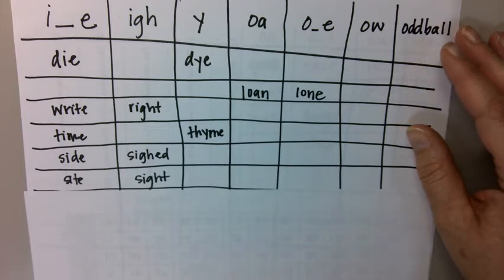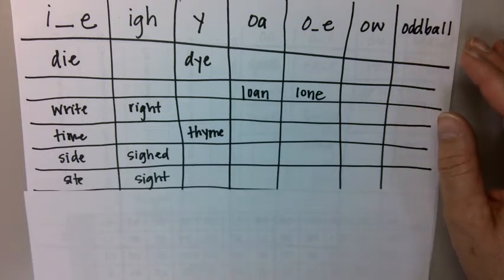Our next homophone pair falls into those same headers with site, S-I-T-E, as in the location, and then also S-I-G-H-T, as in eyesight.